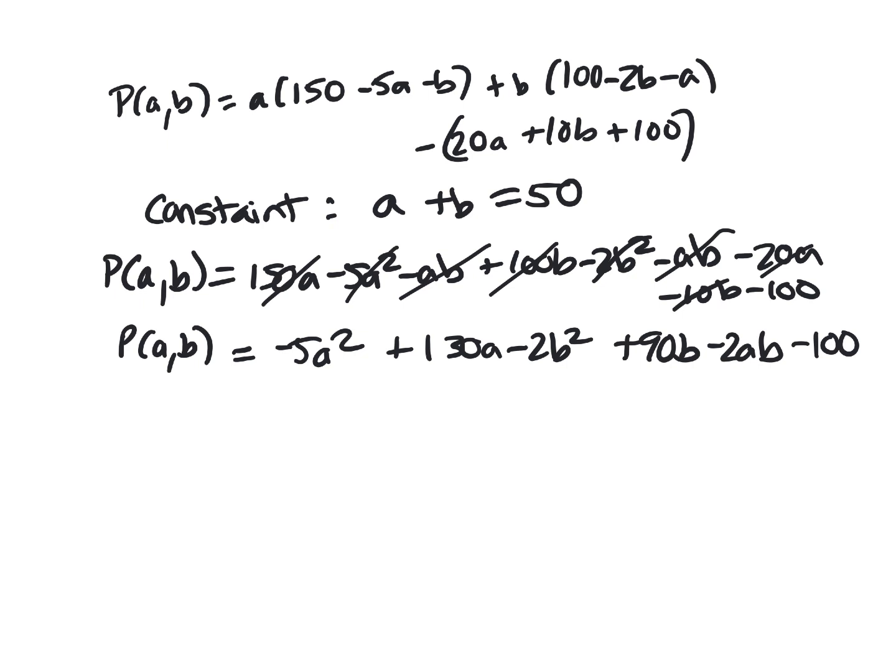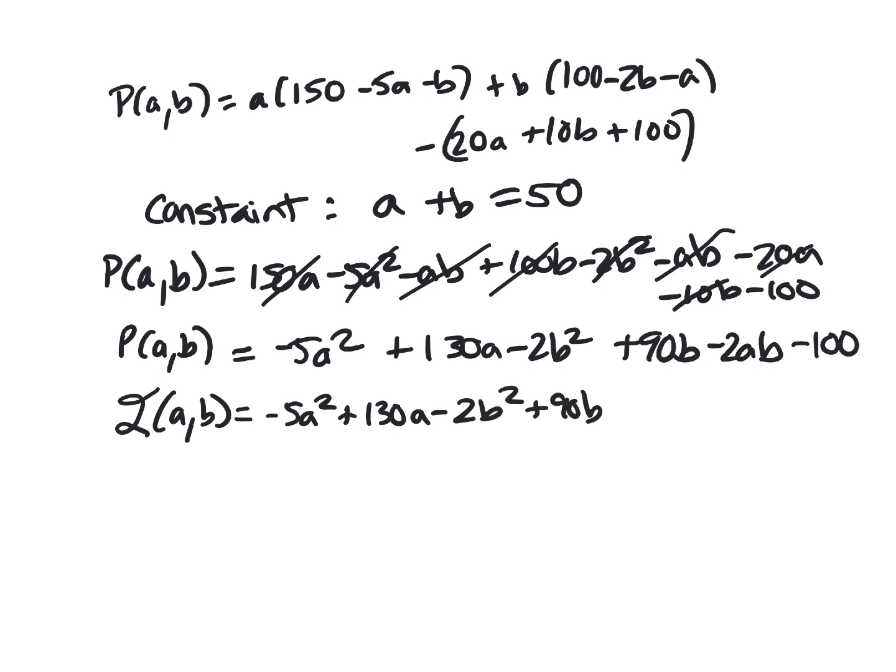All right, so then your Lagrange equation here with the multiplier is going to be the original that we just combined like terms and simplified: minus 5A squared plus 130A minus 2B squared plus 90B minus 2AB minus 100.